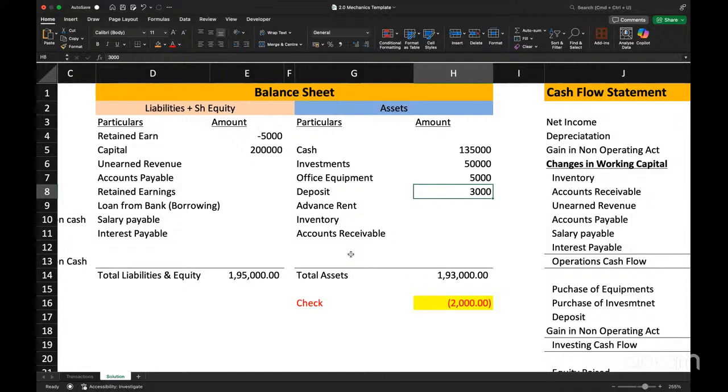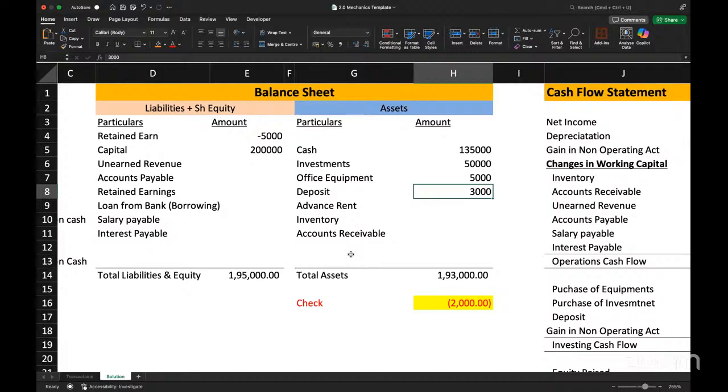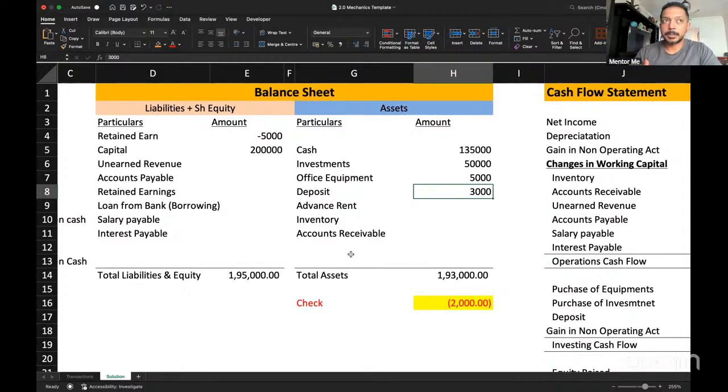Advance rent. Again, is it a liability for you or an asset for you? Think properly. Today, it's an asset. We are renting the office and using it. For example, if you were the landowner and you took advance rent from someone for 12 months, have you provided the service yet?